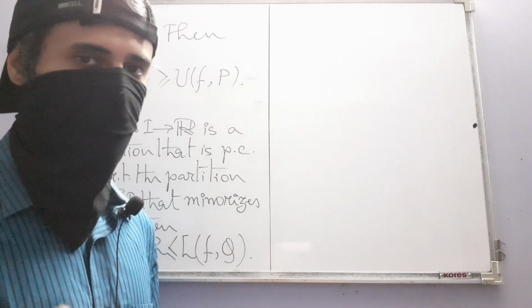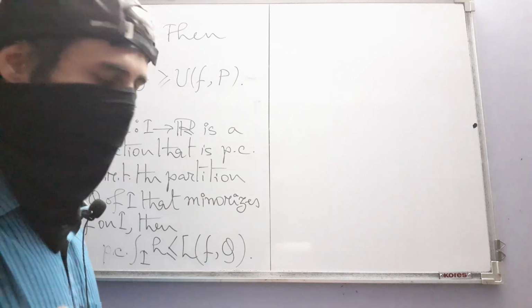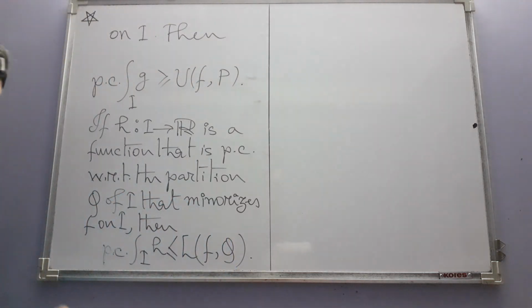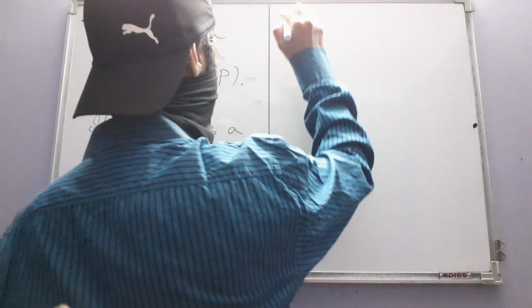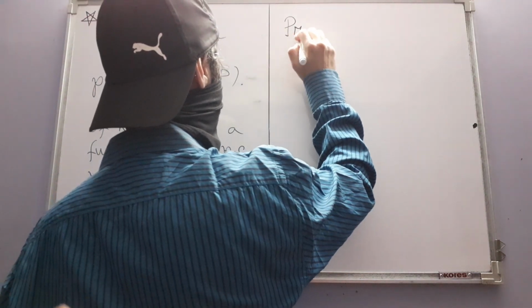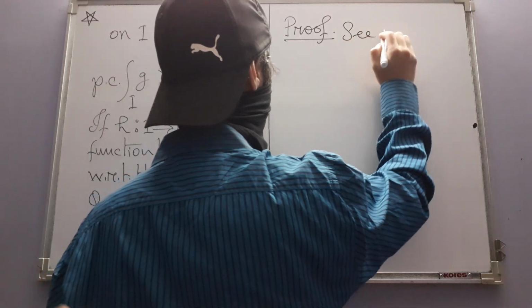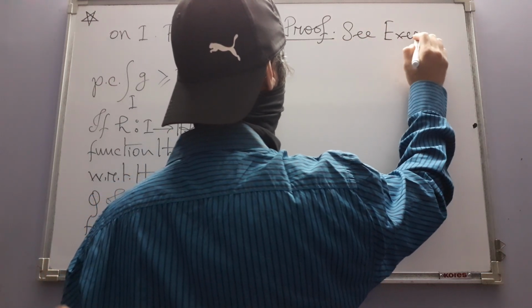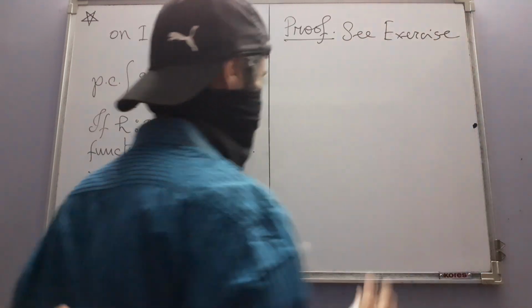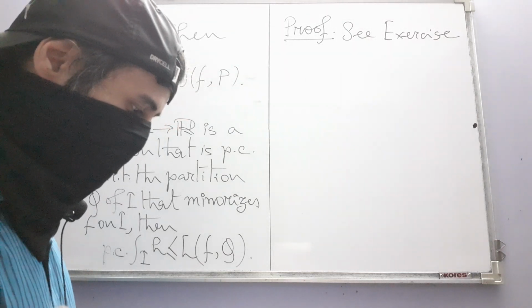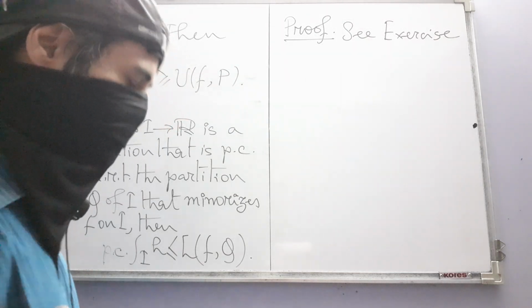Now that we have understood what's going on behind all these things, let's now state the results. Oh, and the proof of this is one exercise. So this, of course, we will do in a community post. This is exercise 4.